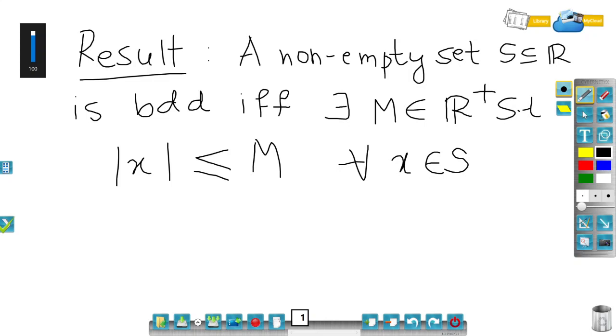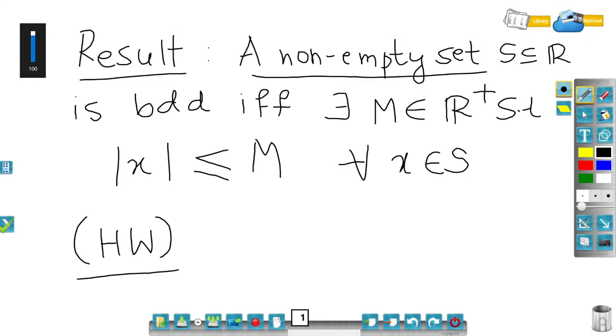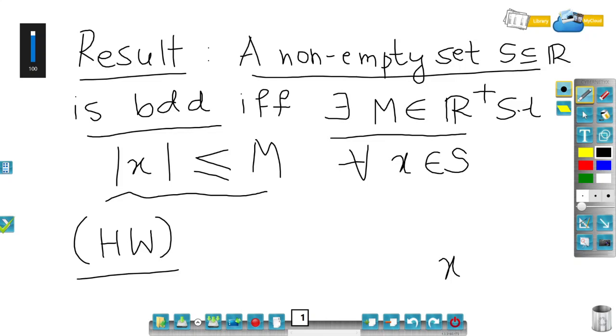So this is a homework theorem, but we will use this theorem extensively in coming properties. From now onwards, if I say a set is non-empty and bounded, then I can straight away say that there exists a positive real number M such that modulus of x is less than or equal to M. You could see that when I say mod x less than or equal to M, that means x is between minus M and M. So M is an upper bound and minus M is one of the lower bounds.